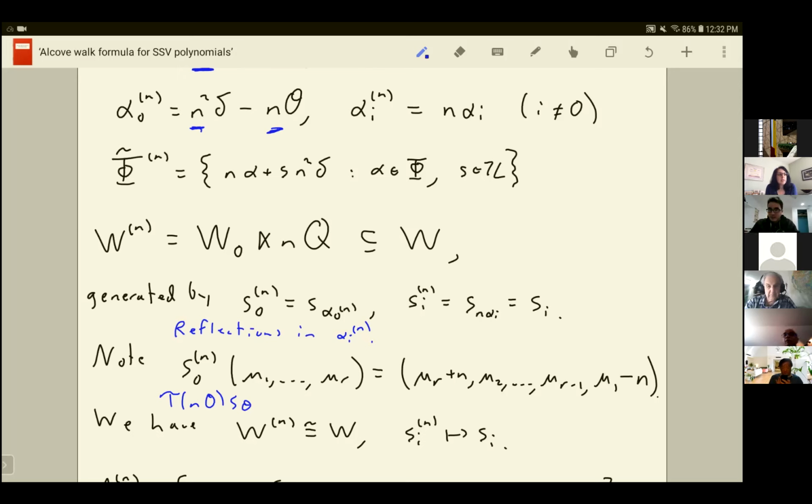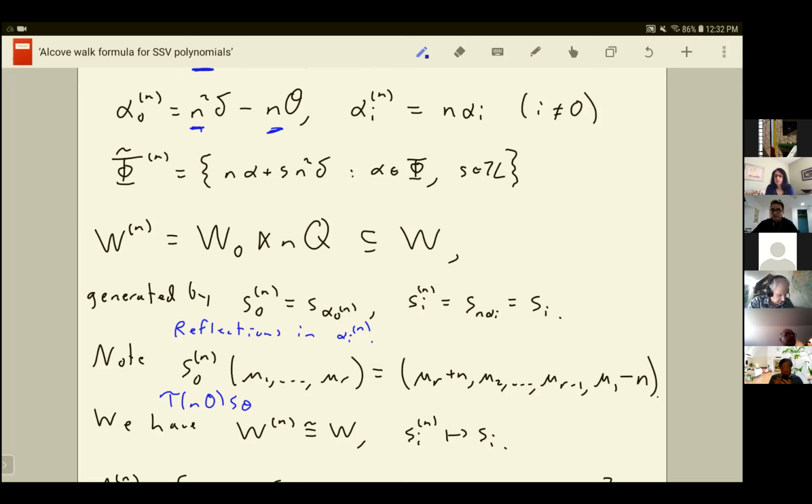If I may say something which may help: you have a fundamental alcove for the affine Weyl group, a chamber with one affine wall. We made the affine wall further away, so the chamber became bigger, some sort of dilation.